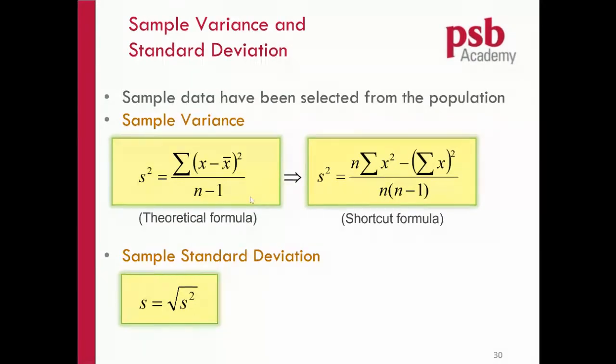The formula that you use for a hand calculation will be this. Once you get this, S square is the variance. So if you want to find the standard deviation, you just need to square root it.